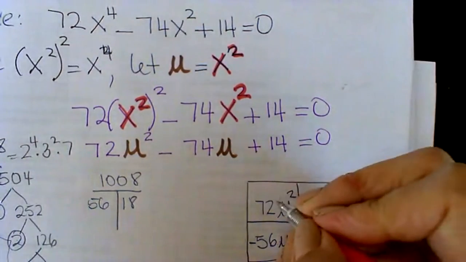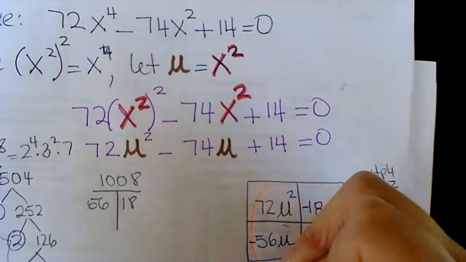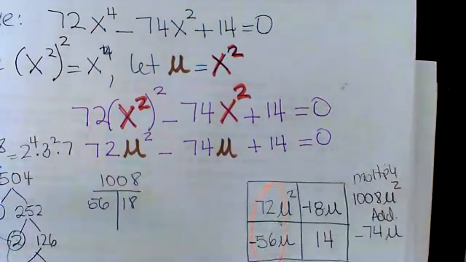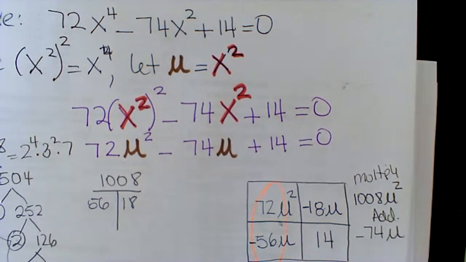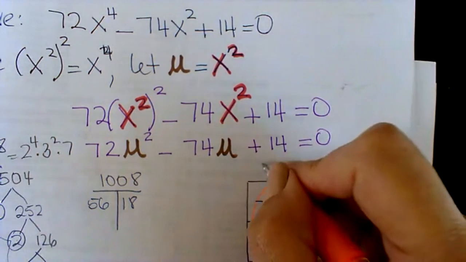So now, between these two, it's going to be what? 8, right?